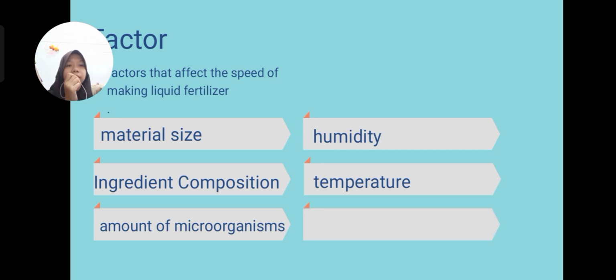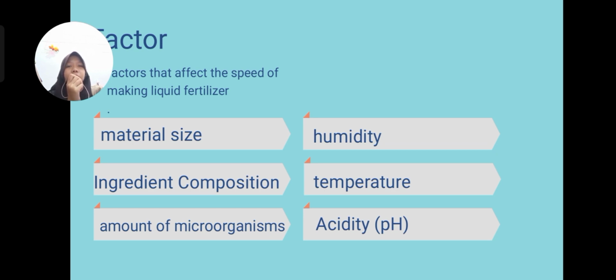And the last, number 6, is acidity or pH. If the compost material is too acid, the pH can be raised by adding lime.